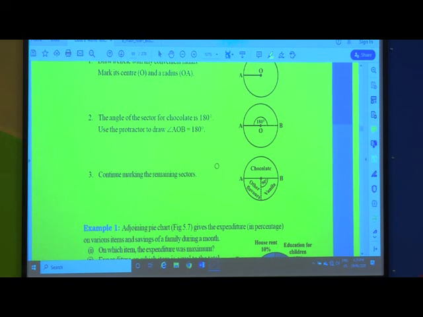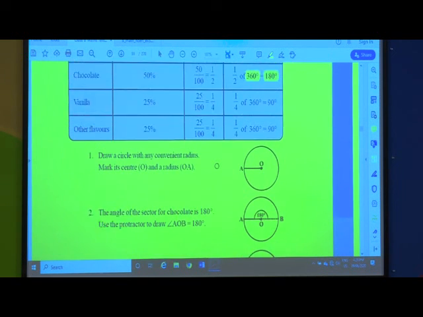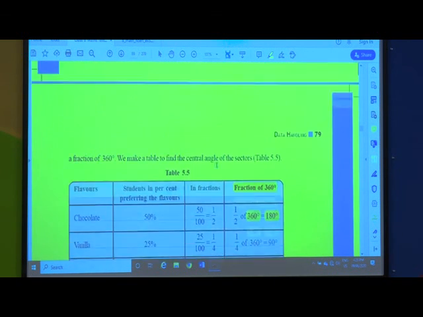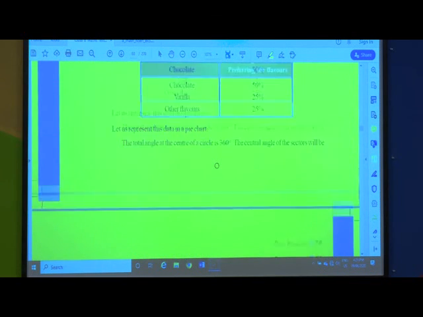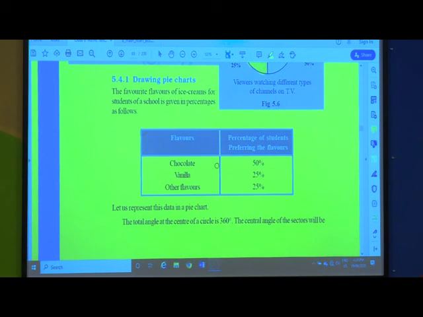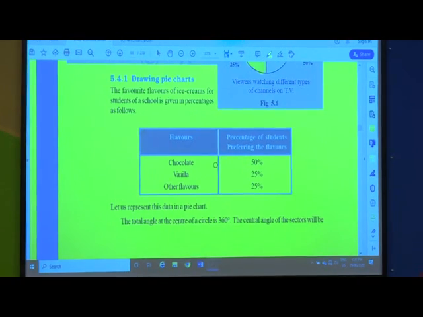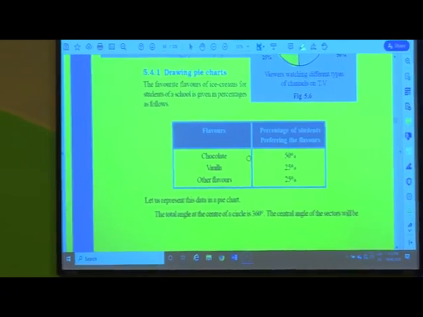So, in this way, we are representing this data. Which data is it? The data is of the students who like different flavors of ice cream, in pie chart form. We have studied how the data is given.